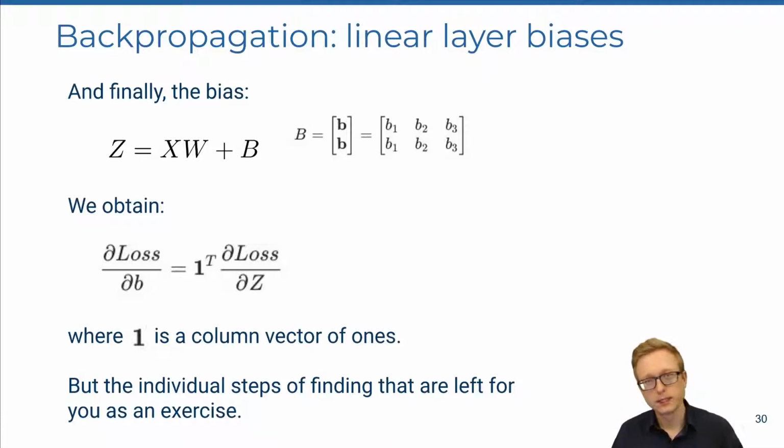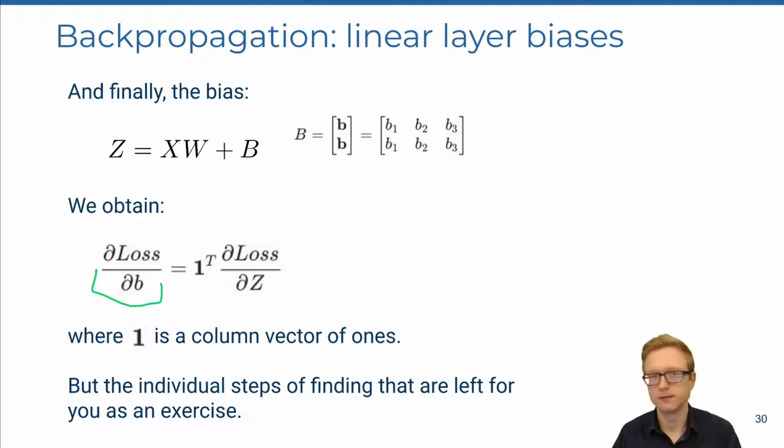And finally, we need to consider the bias as well, because when we are performing a gradient descent step to update our model parameters, then we need to be updating the biases of all the layers as well. And for that, we need to calculate the partial derivative of the loss with respect to the bias vector.